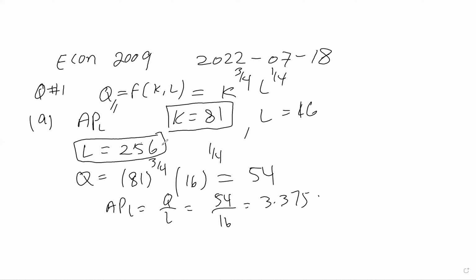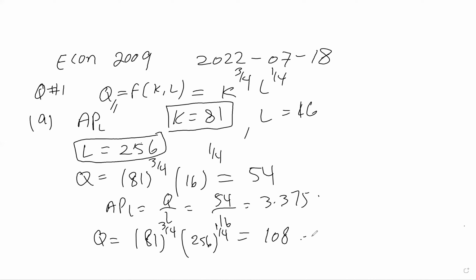Again, we first calculate the level of Q: K doesn't change, 81 to the power of 3/4, and then 256 to the power of 1/4, and that is equal to 108.